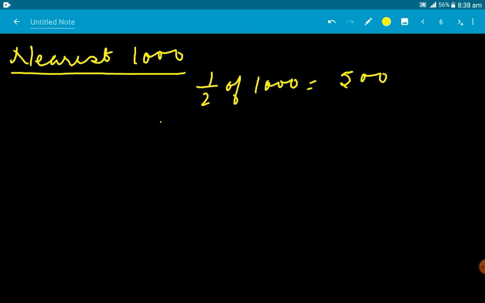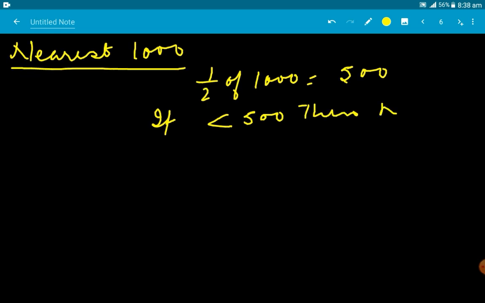So what is the rule? If less than 500, then no increase in the thousands place. Take one example.